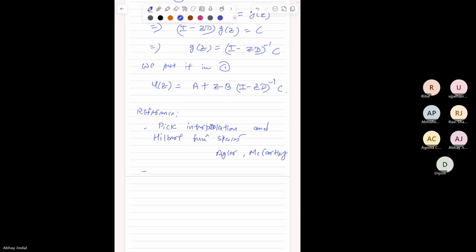And to see the proof of the Carathéodory result using dilation, see our paper. I have forgotten the title of my paper, just a minute.